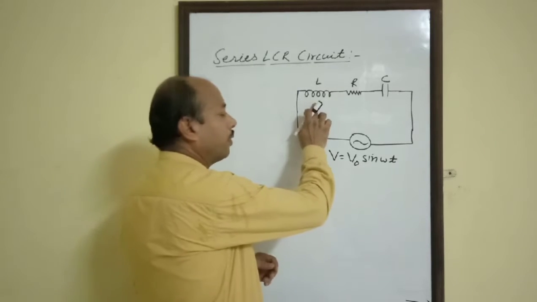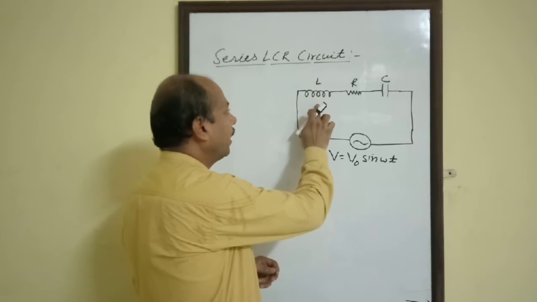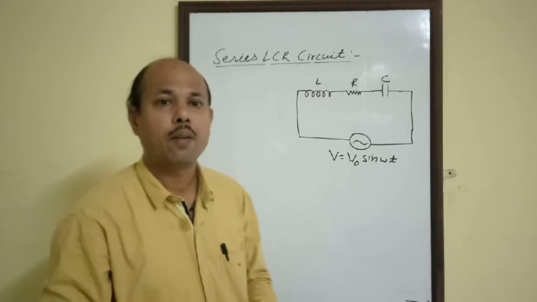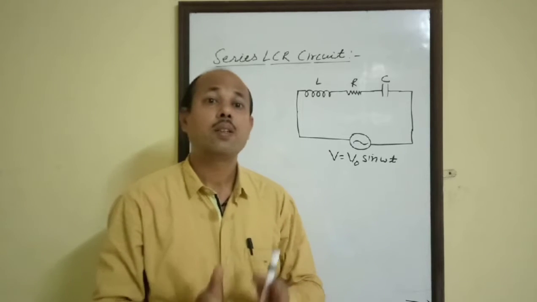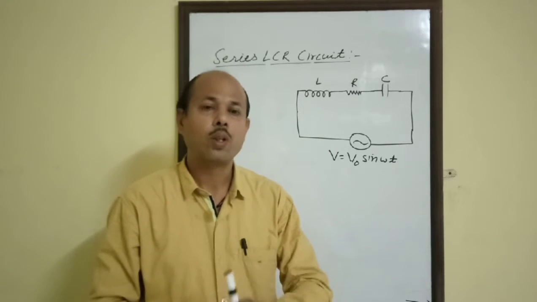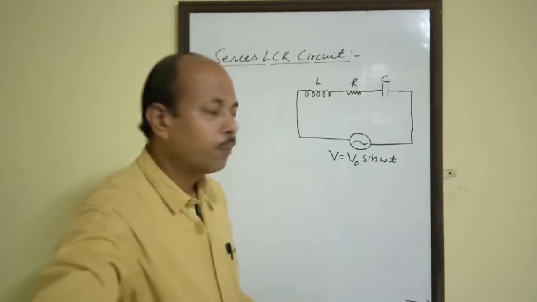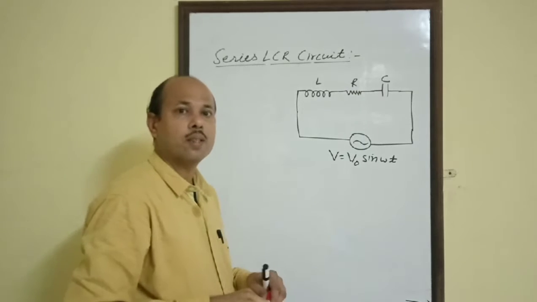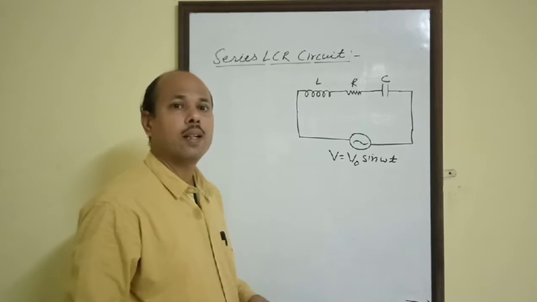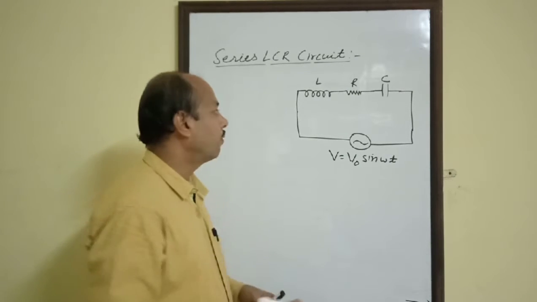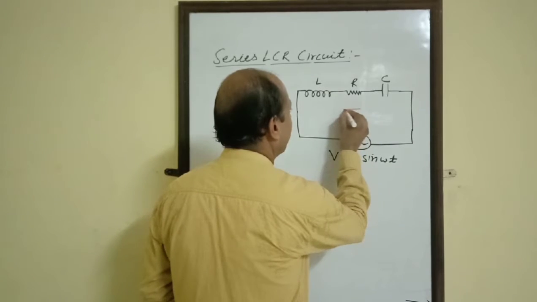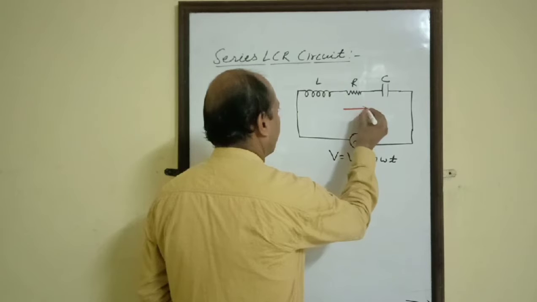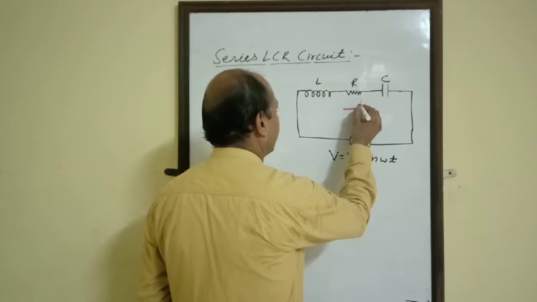Now, from previous classes, we know that inductor, resistor and capacitor have different phase differences between voltage and current. For example, in the case of resistor, voltage and current both are in the same phase. Let us suppose this is the direction of current.